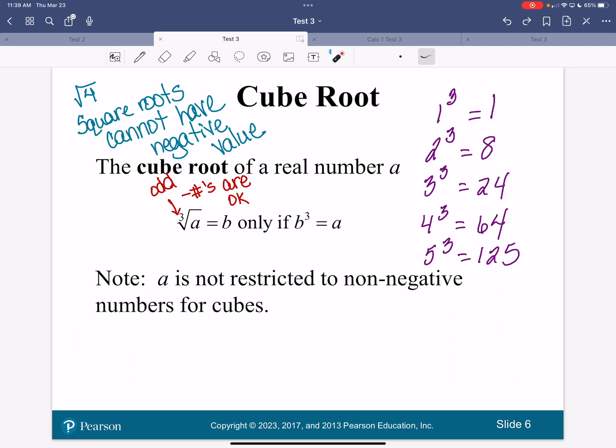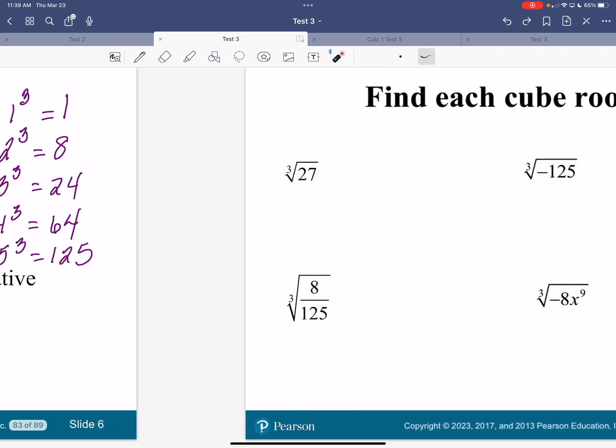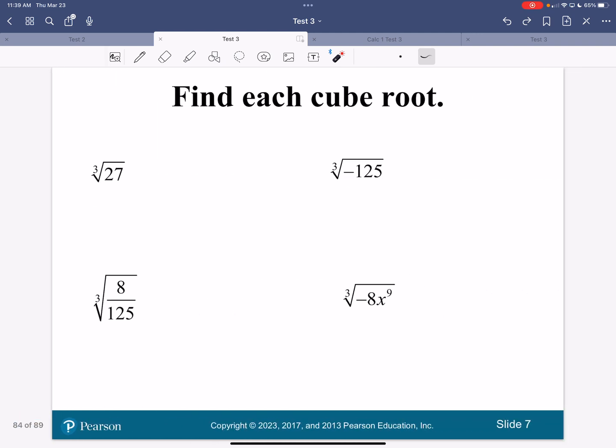Okay, we're going to have to play around with your calculator a little bit for this one. You should have a button on your calculator that you're going to have to hit, second. And then above one of your values, you should have something with a little X right here.